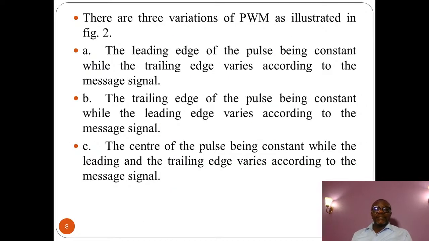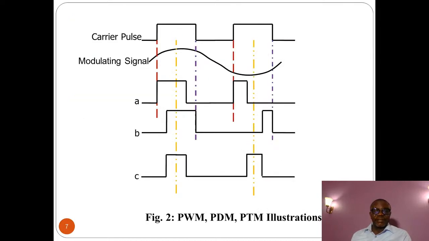And C, the center of the pulse is constant, while the leading edge and the trailing edge vary according to the message signal. So if we go back and see that C, you see the yellow dotted line showing the center and not the trailing or the leading edge that is being used.